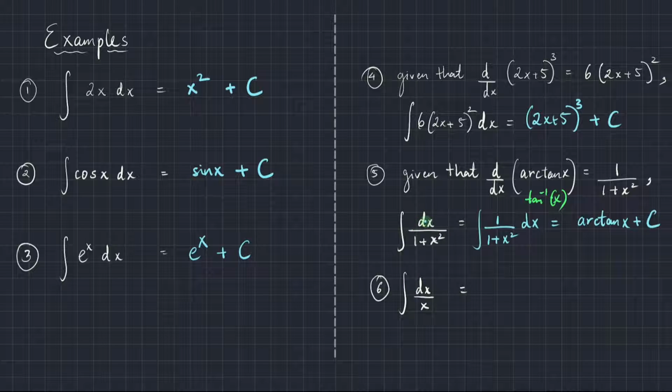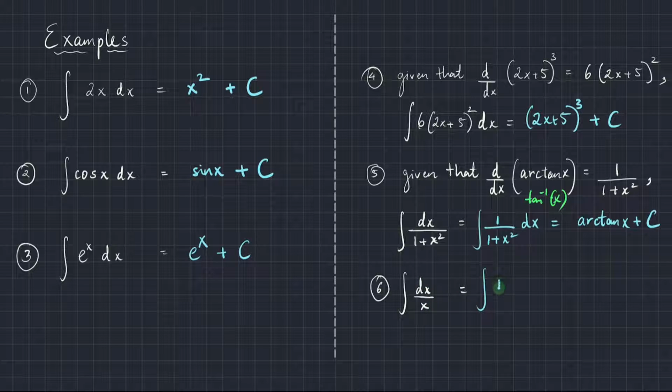Notice how I rewrote the integral of dx over 1 plus x squared as the integral of 1 over 1 plus x squared dx. It's okay to do this because dx is just something that is multiplied by the integrand, and multiplying the dx by 1 gives you dx. Finally, you can think about what is the integral of dx over x. Yes, that is correct.